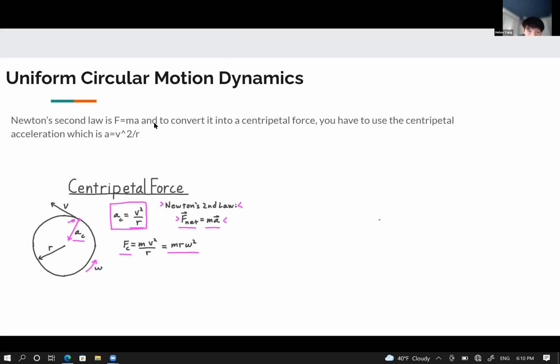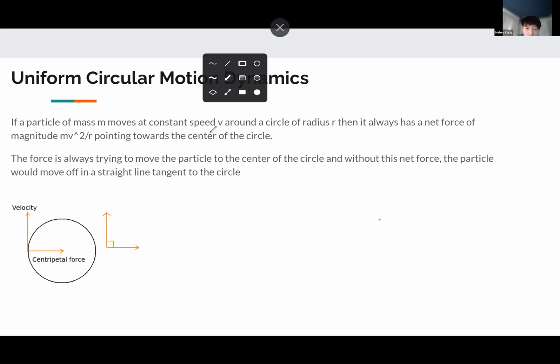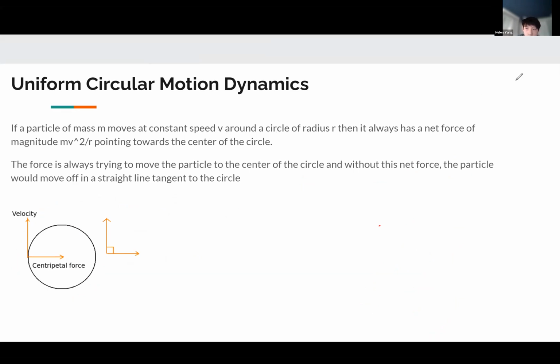So for uniform circular motion dynamics, if a particle of mass m moves at constant speed v around a circle of radius r, like this one, then it always has a net force of magnitude mv squared over r pointing towards the center of the circle. The centripetal force goes in the same direction as the centripetal acceleration. At all points along the circle, it's always pointing towards the center.